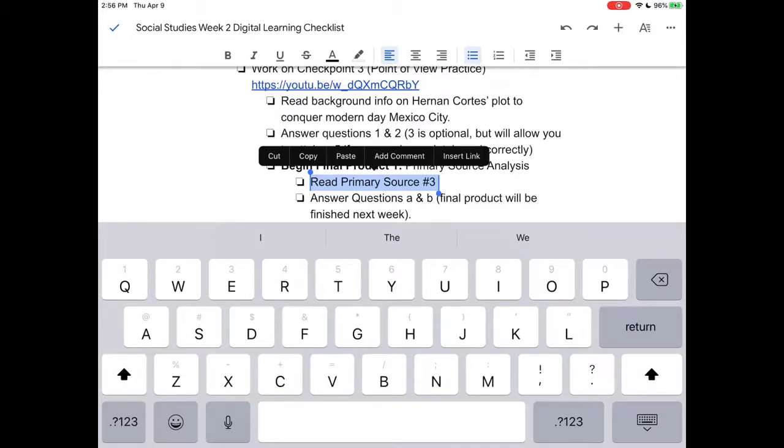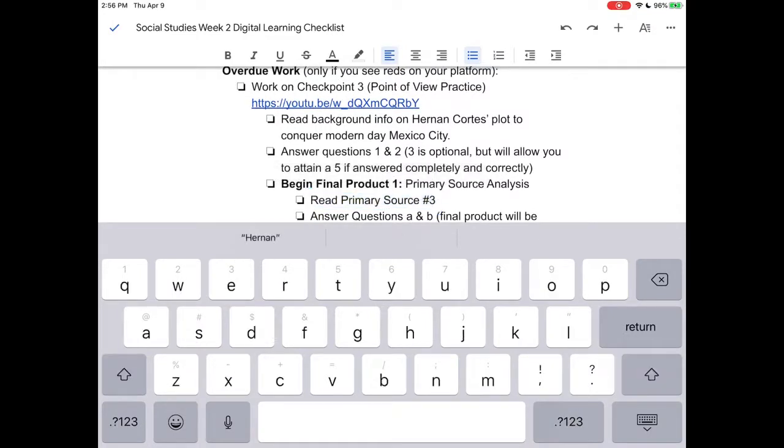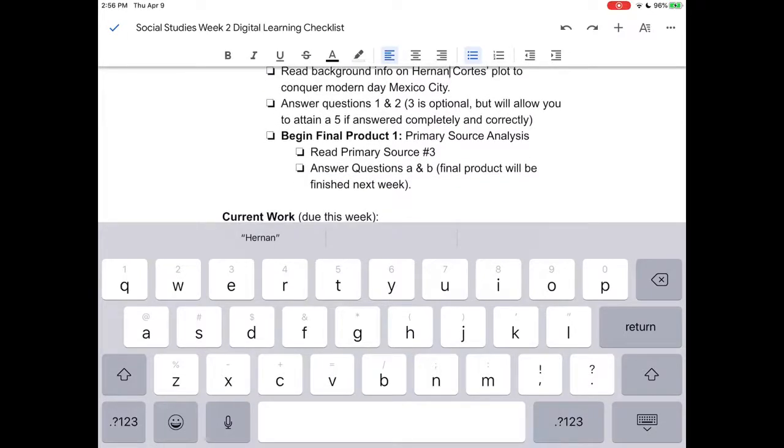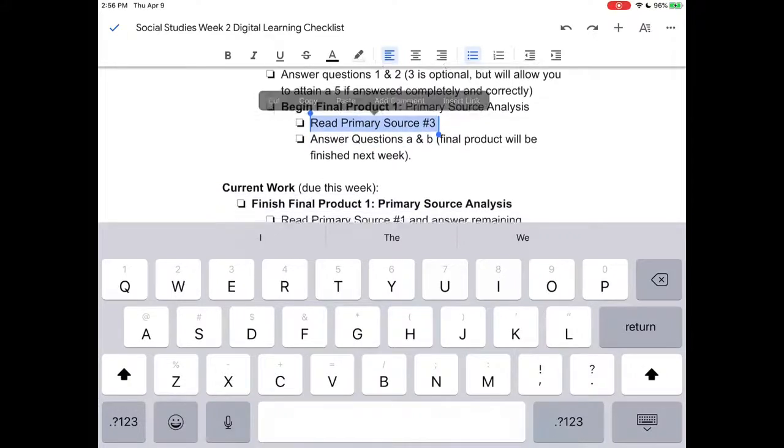What we see is civilizations and kingdoms and empires who are looking to expand their power, who are looking to become more powerful, who are looking to get access to resources from the New World, who are simply going to make them more powerful than anyone else rather than actually helping anyone. And this was absolutely clear when we looked at Hernan Cortez's letter, as well as looking at the primary source number 3 that we read in our first final product.